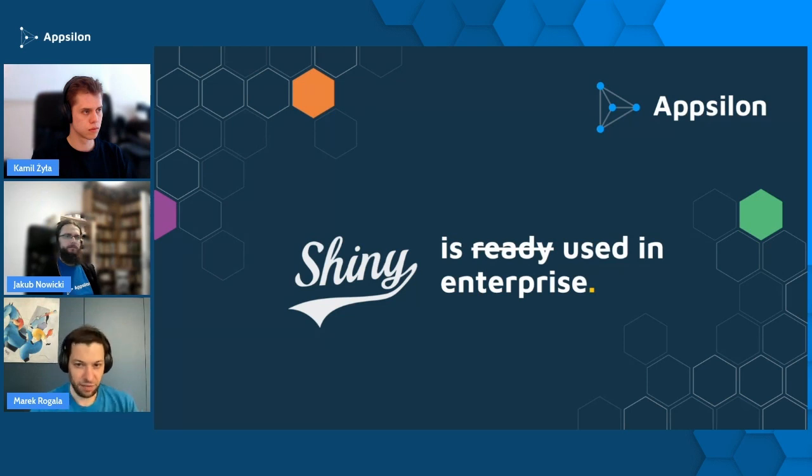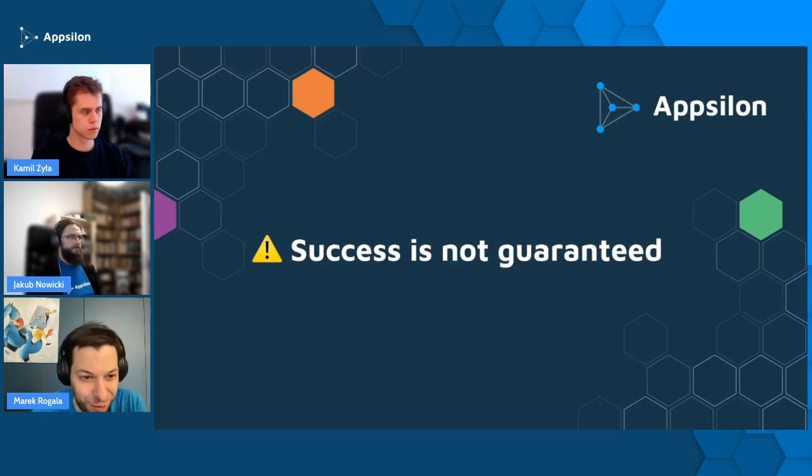So being at this conference, probably all of us, or most of us, believe Shiny is great. We know Shiny is great, but the truth is success is always at risk. There are all types of challenges waiting ahead.